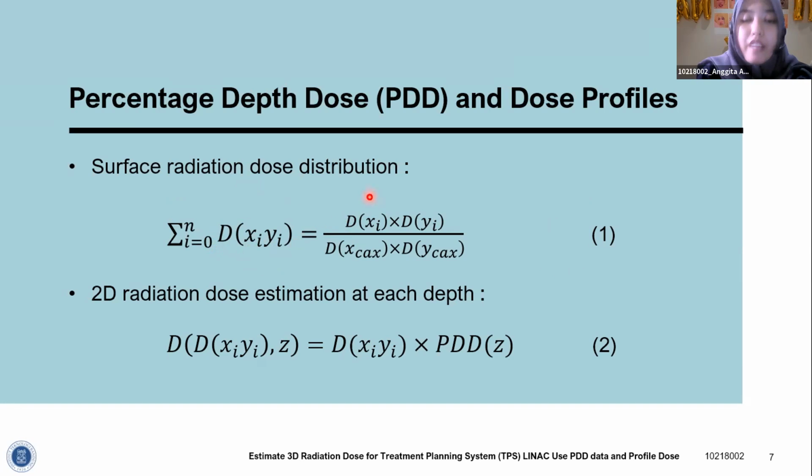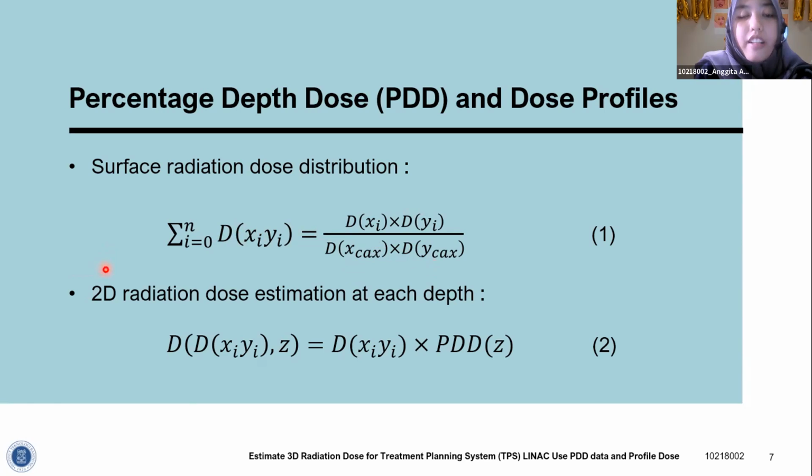Dxi is the percentage value of the radiation dose profile, dose cross line at point i, and Dyi is the percentage value of the radiation dose profile, dose inline at point i. Dxcax is the percentage value of the radiation dose profile, dose cross line at the central point of irradiation or central axis. And Dycax is the percentage value of the radiation dose profile, inline dose on the central axis.